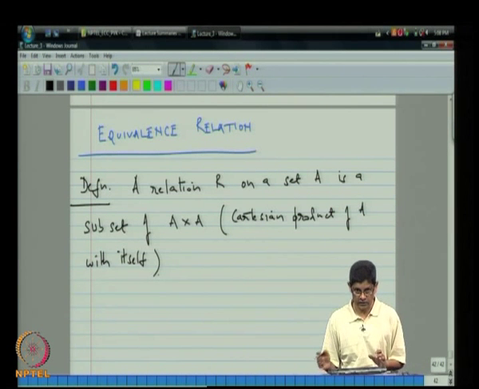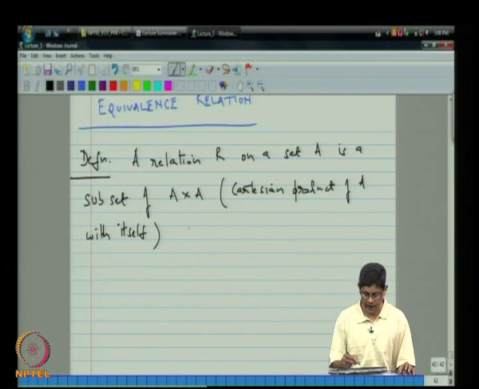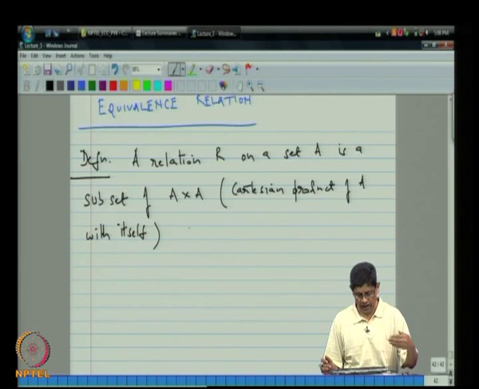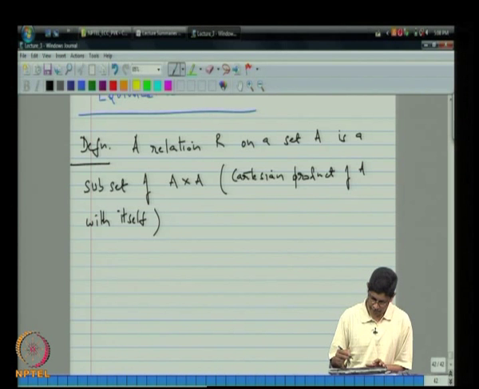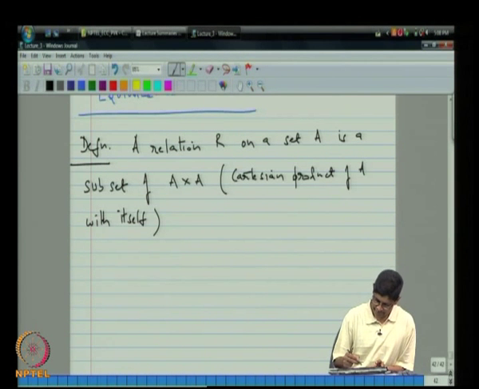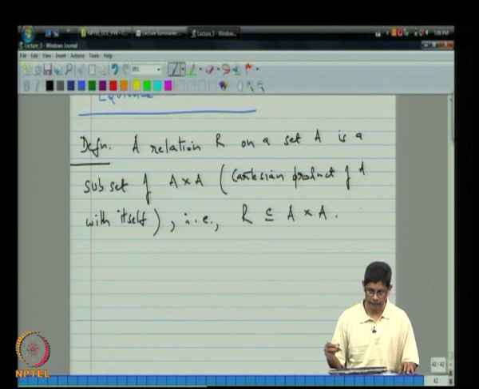The Cartesian product simply means that you just take all pairs A, B where A comes from A and B comes from A. That is, R is a subset of A cross A.